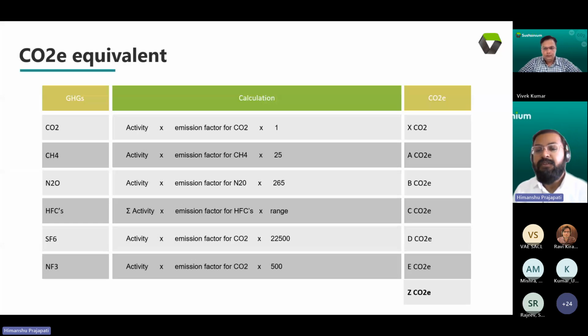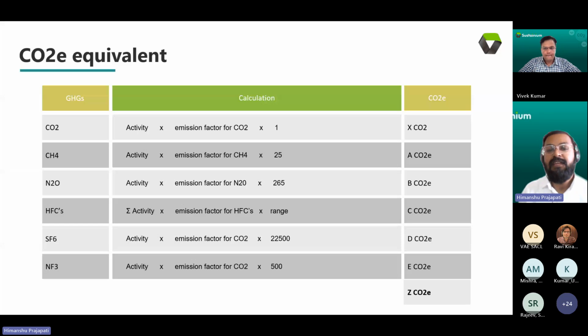And when we are talking about emission factors, we are talking about emission factors for all of them. So a particular activity might produce a combination of these gases. For example, in case of mobile combustion, you might always see methane, nitrous oxide and carbon dioxide being produced.